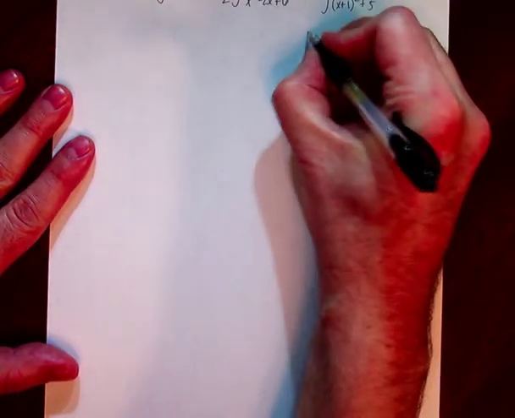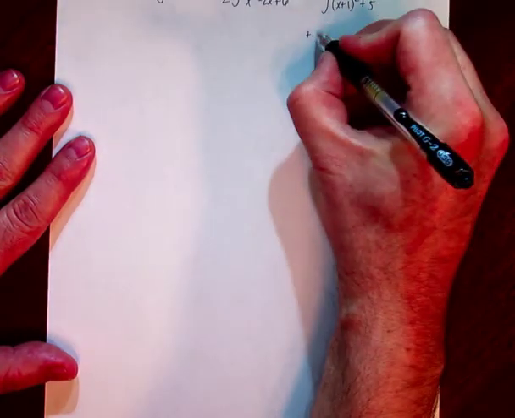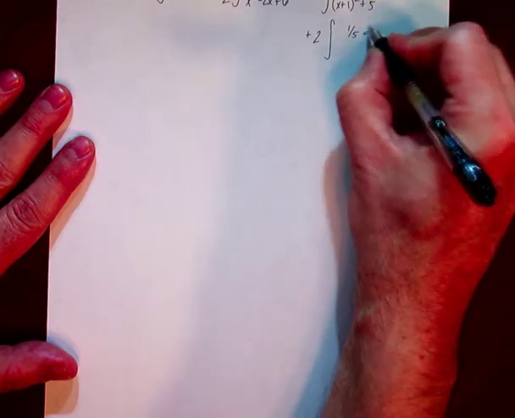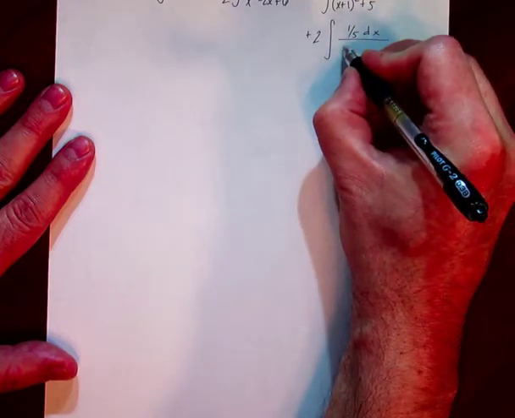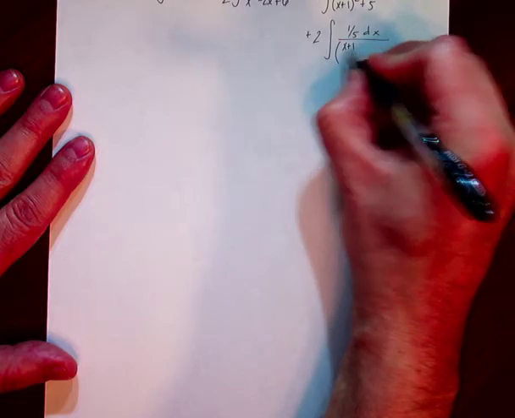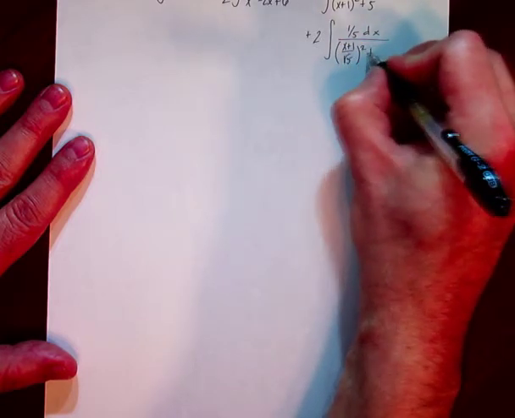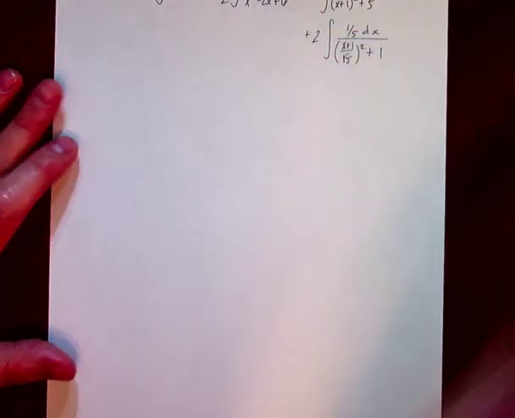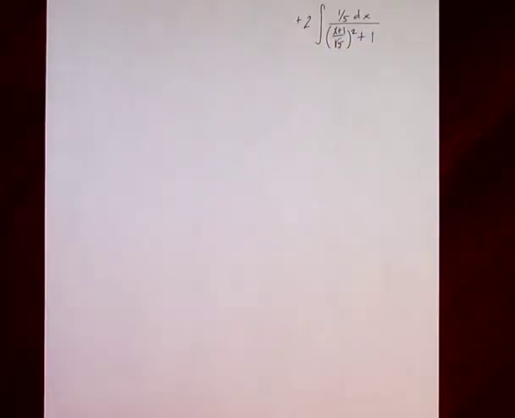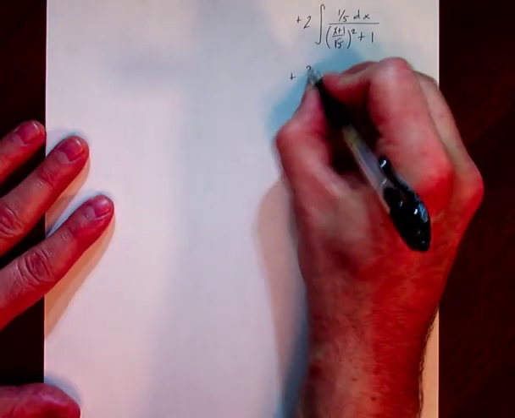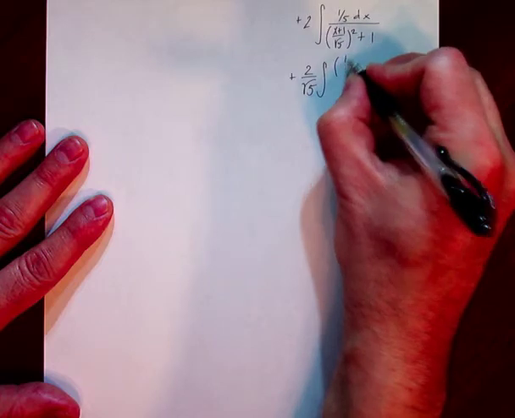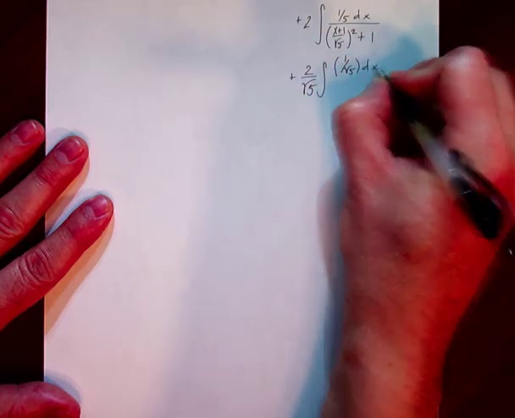Now, what I need, obviously, is to change the form of this right here. Like these two are perfectly fine. I'm going to factor out a 5 out of that denominator, and in doing so, that makes this x plus 1 over root 5 squared plus 1. I don't need the 1 over 5, but 1 over 5 is 1 over root 5 times 1 over root 5. So this becomes 2 over root 5 times 1 over root 5 dx.